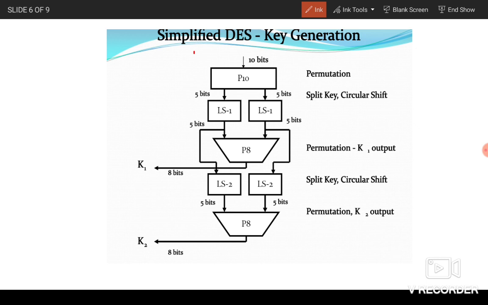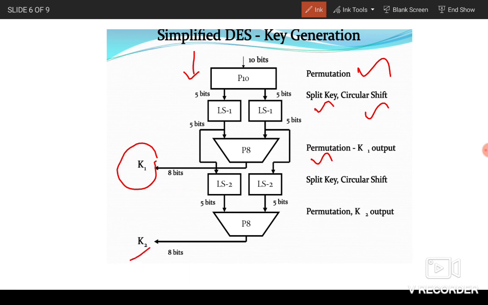As I told, we have a 10-bit key. First it goes through the permutation, then the key is split and the halves are left circular shifted. After the left circular shift it is once again permuted and it is contracted, that is, the bits are reduced to 8 bits. And these 8 bits are given to the complex function, that is K1.